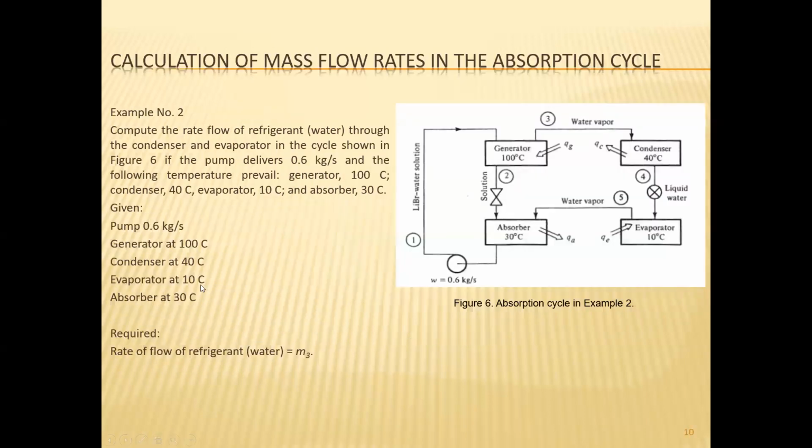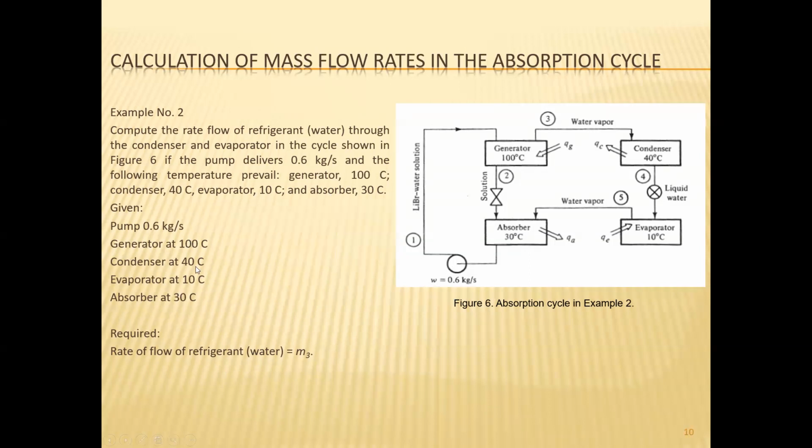So example number 2: compute the rate of refrigerant water through the condenser and evaporator in the cycle shown in figure 6, if the pump delivers 0.6 kg per second and the following temperatures prevail: the generator 100 C, condenser 40 C, evaporator 10 C, and absorber 30 C. So yan, given pump 0.6 kg per second, nag-iikot, so W yan.